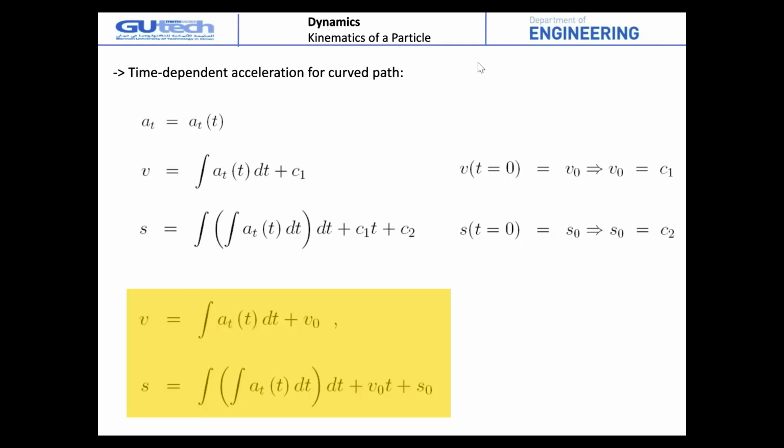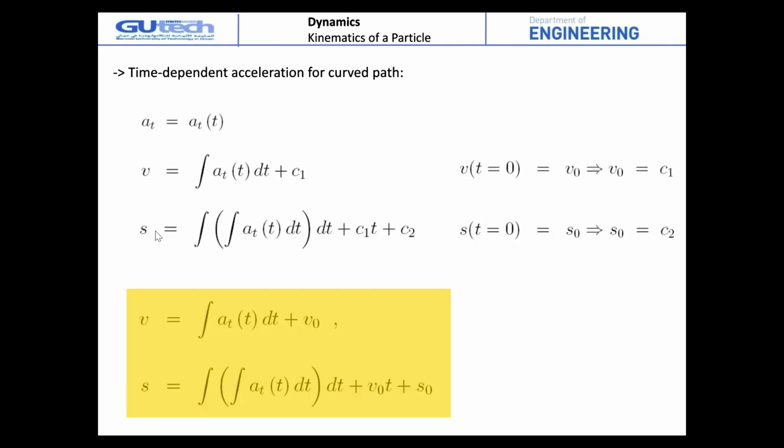We have seen the time-dependent acceleration for a curved path, that is, the tangential component, which is time-dependent. If we integrate this tangential acceleration, we have the velocity, which is the integral of the tangential part plus an integration constant, C1.